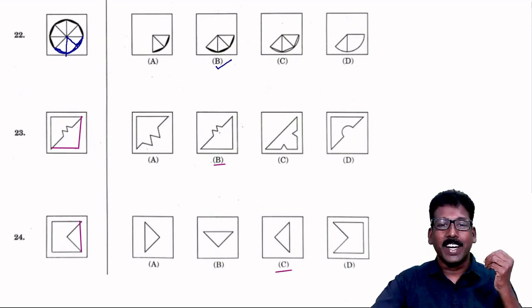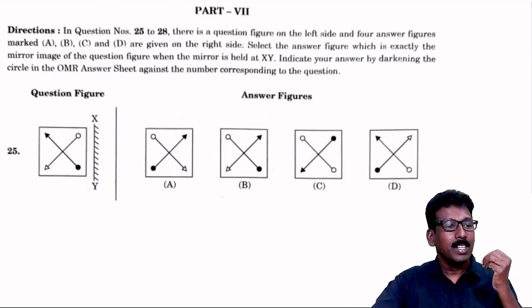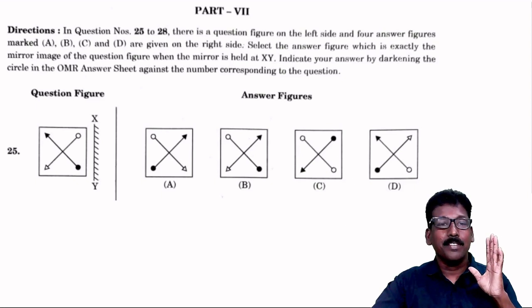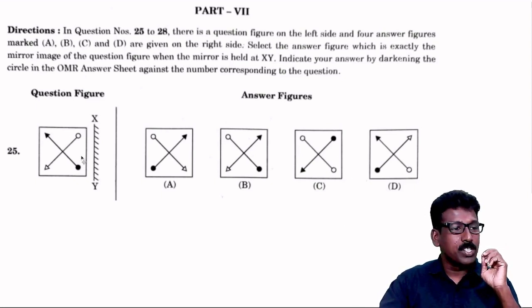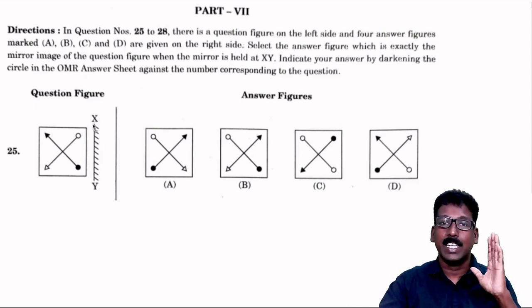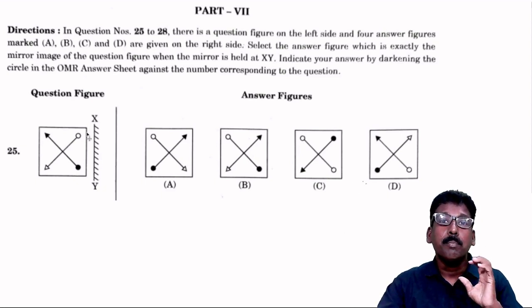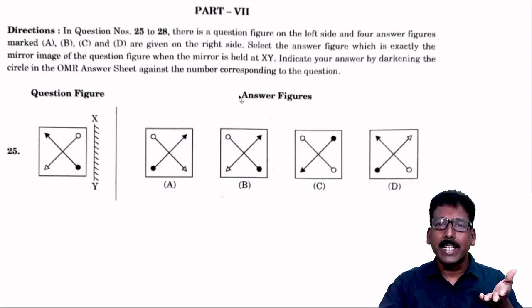Now, let us look at the next part, that is part 7. Part 7 is very interesting. There is a figure in the question, and XY, a mirror is kept nearby the figure. Now you have to find the mirror image from the answer figure. You know how the mirror image comes.